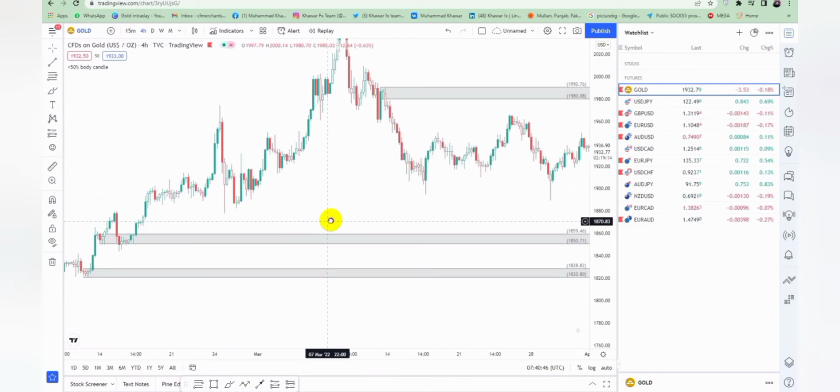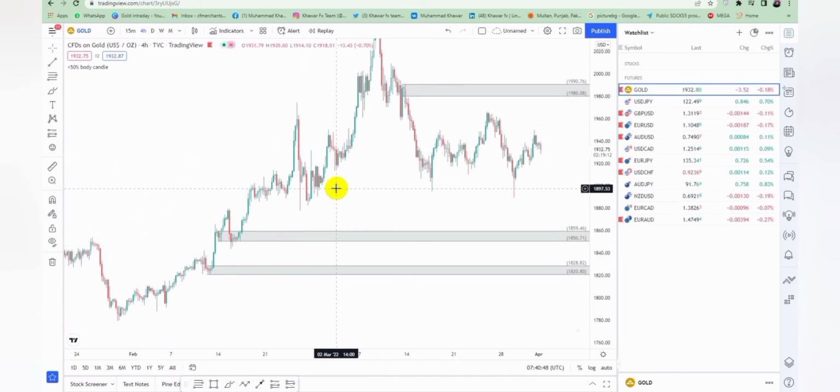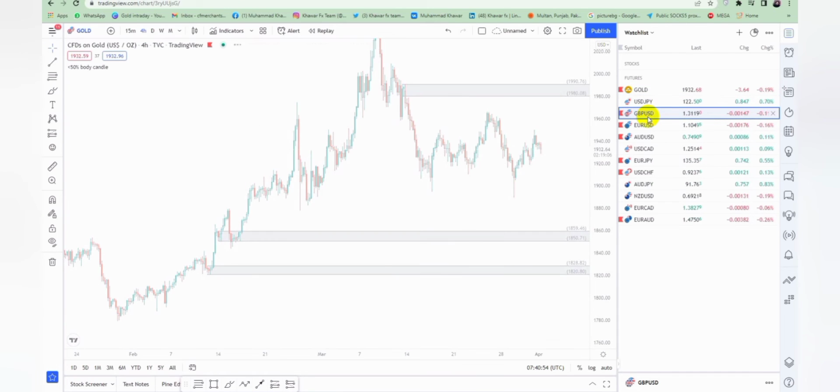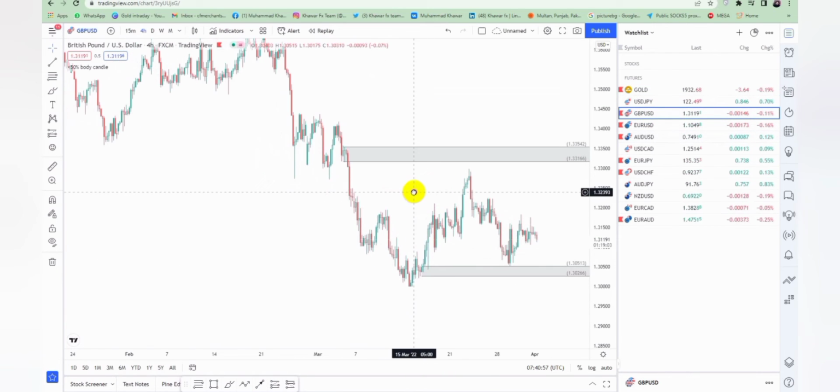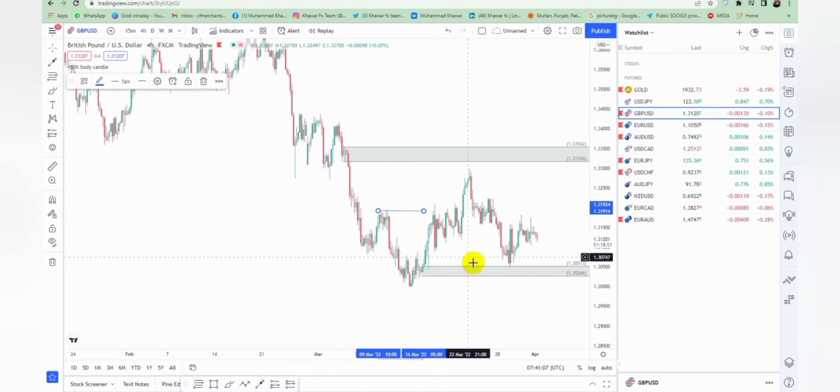And this is rally base drop, and now it's rally drop, and we can also have drop base rally. This is the major decision points we have available in the market. Now you have seen that there is also rally base rally.